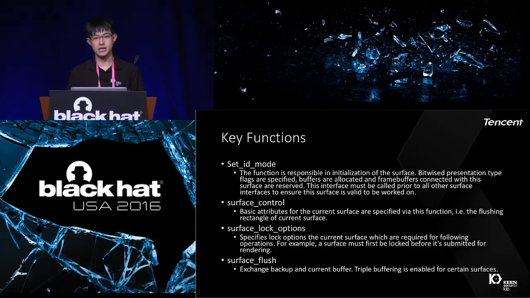It is related to the double buffering and triple buffering of the graphics pipeline. If you call surface flush on a double buffered surface, it will exchange the back and the current buffer. Some surfaces have triple buffering support, so if you call surface flush there is a more complex process, and we will not elaborate on the detail here.